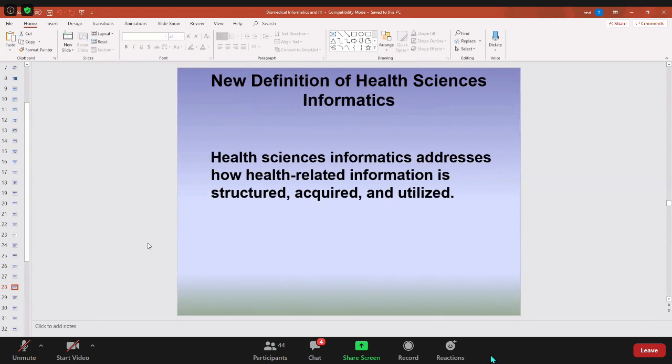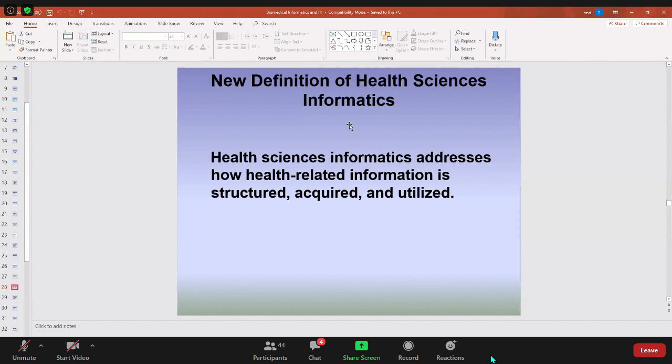Now the new definition of health informatics will be health sciences informatics. Health sciences and health informatics are all fancy names that actually come up from health informatics, because they are trying to branch off a little bit more from medical informatics and health informatics, and now you have a bigger picture on health sciences.